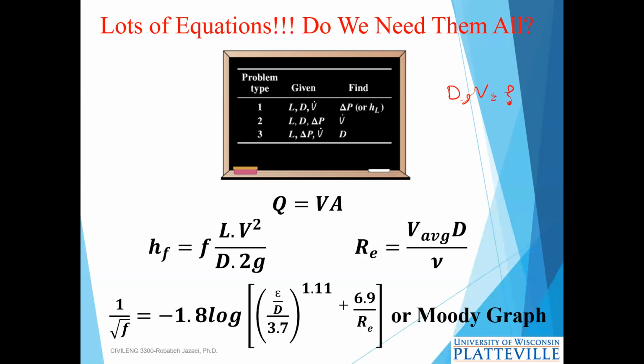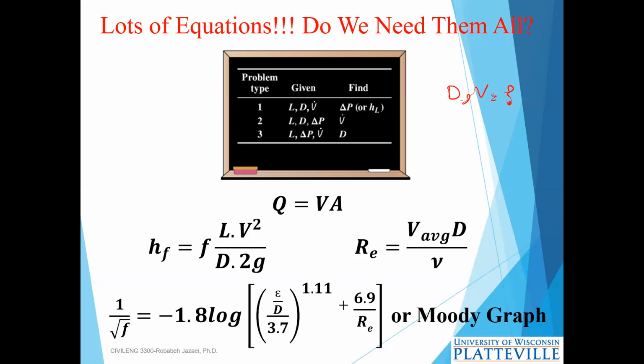If we don't know diameter, velocity, and flow rate, we need to use method of iteration. But for now, usually one of these is unknown, and we're going to find pressure drop or flow or design for the diameter of the pipe. So remember, we always need these equations to be able to solve any problem in internal flow.